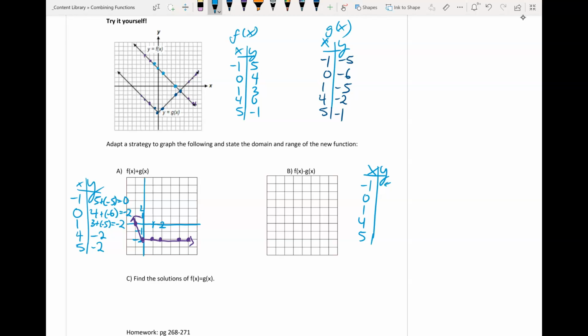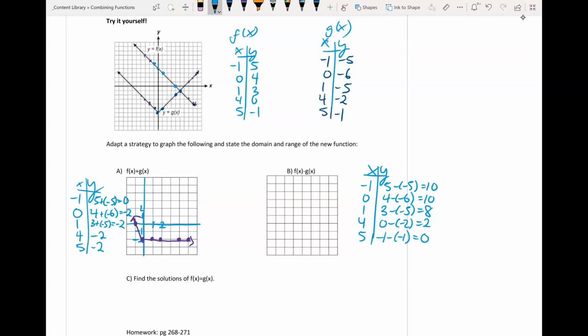So we'll have 5 minus a -5, which is 10. 4 minus -6, which is 10. 3 minus -5, which is 8. For x equals 4, we have 0 minus -2, which is +2. Then lastly, -1 minus -1 is 0.